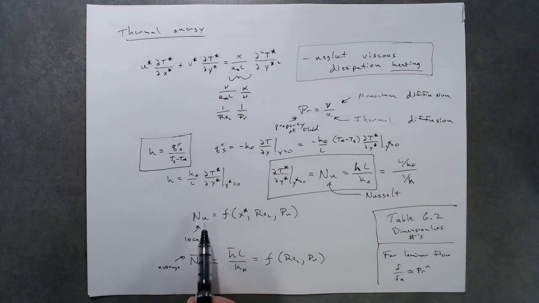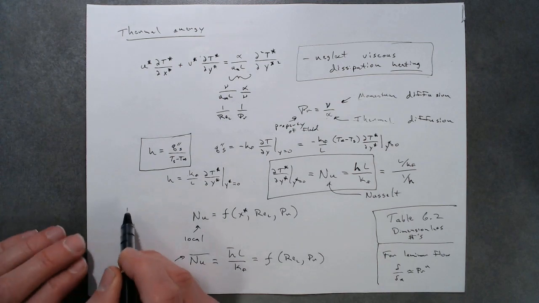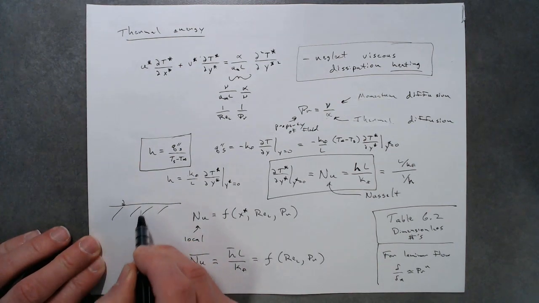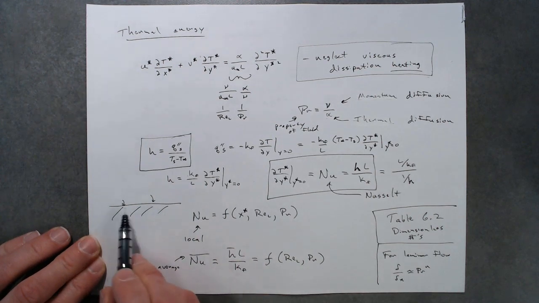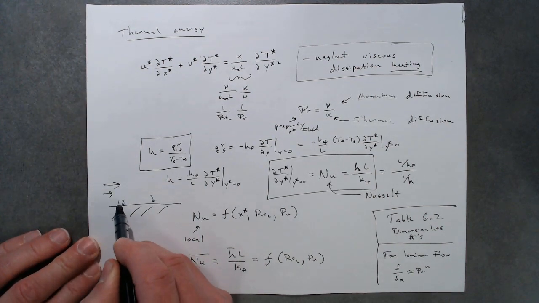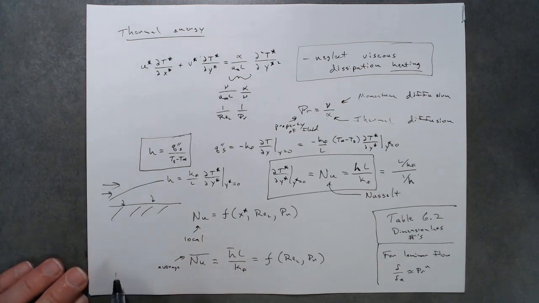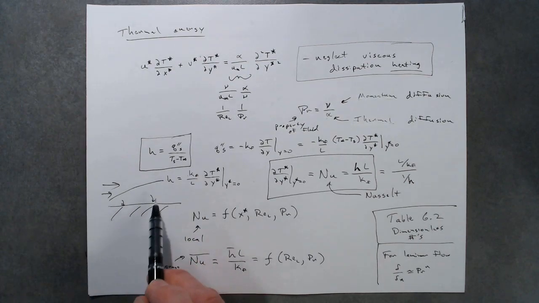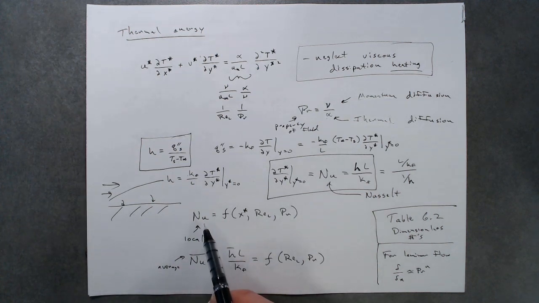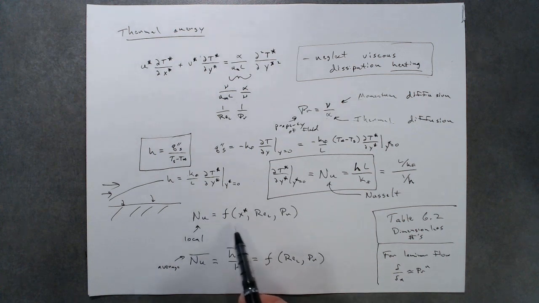In that case, the Nusselt number can vary by position along the surface. I can have one Nusselt number here and another Nusselt number here, which is not surprising. My boundary layer would be growing if my flow was moving in that direction. I would expect the heat transfer to be decreasing if this was at a constant temperature.